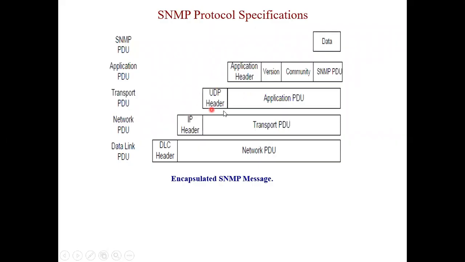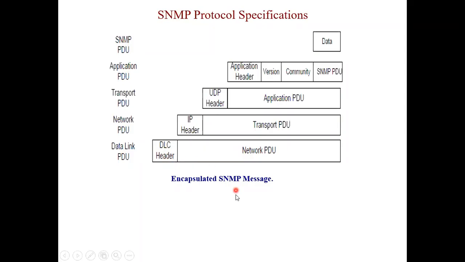This entire thing, see, they have drawn it very nicely in the exam. You are also supposed to draw it in this way. This whole becomes the transport PDU. Exactly this is my transport PDU, and then the network layer will attach its IP header. This entire thing becomes the network layer PDU, and it comes to the data link layer, which again adds its own header.